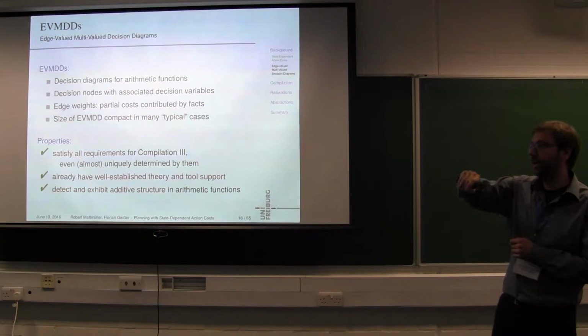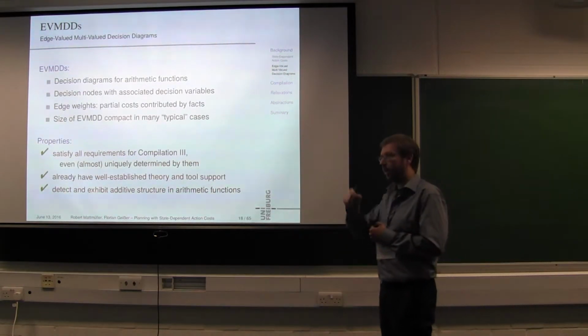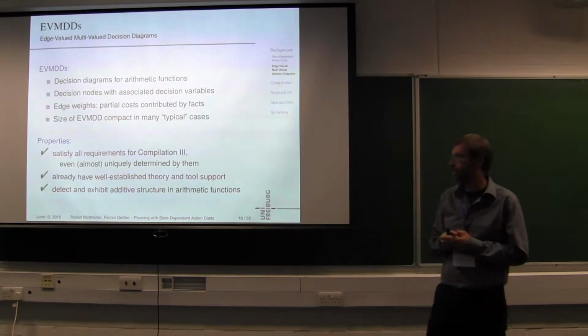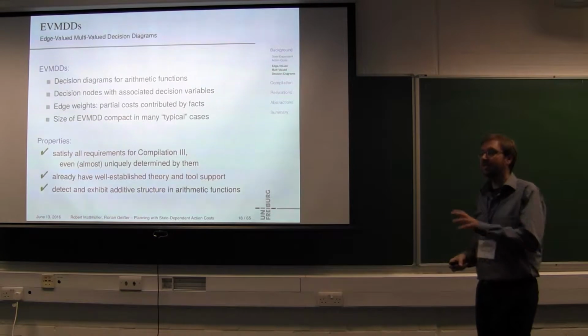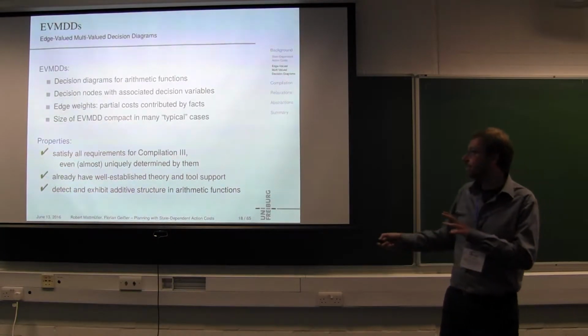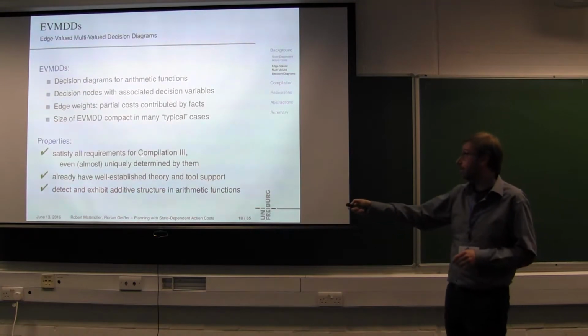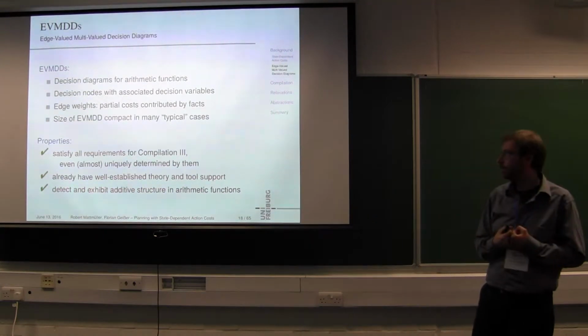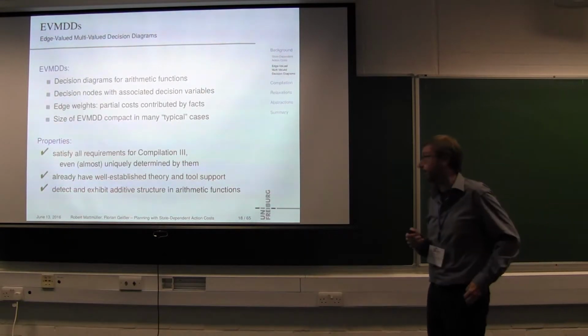You typically require that the weight of the cheapest outgoing edge of each decision node is 0 to normalize them. I didn't introduce this requirement here, but except for that, edge-valued diagrams are exactly the thing you want to use if you are motivated through compilation 3.